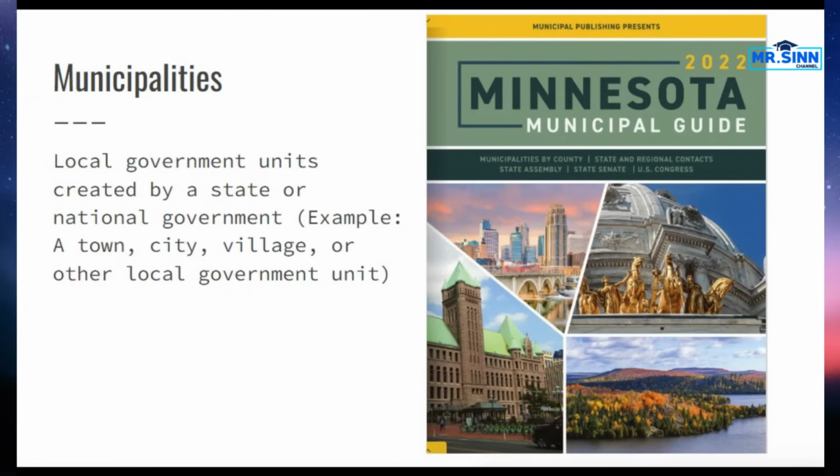One thing, too, that happens is we have governments that can become fragmented. So we have a variety of different governments that have influence, different levels of governments. If you see the term municipalities, these are local governments. These units, they're created by the state or national government. So like a town, a city, a village, these are other governments that are existing there.